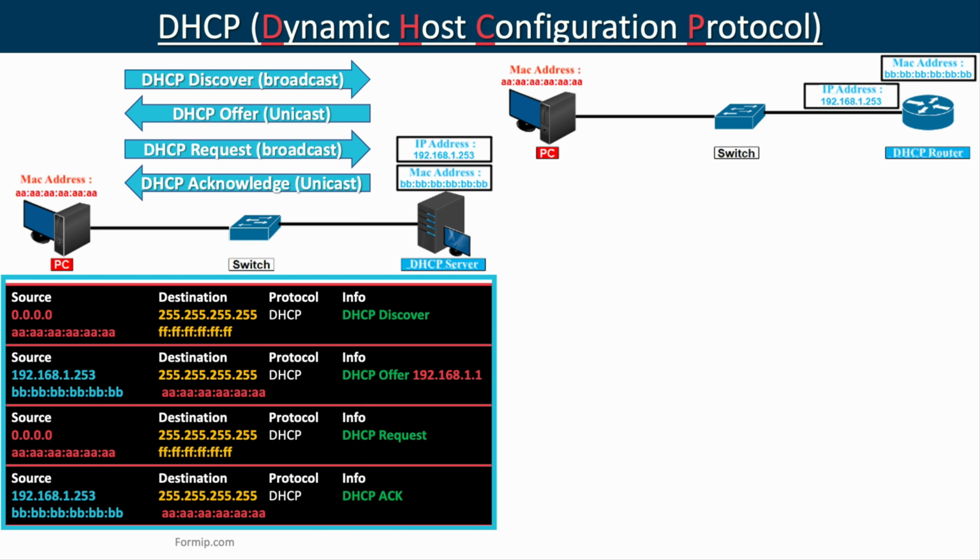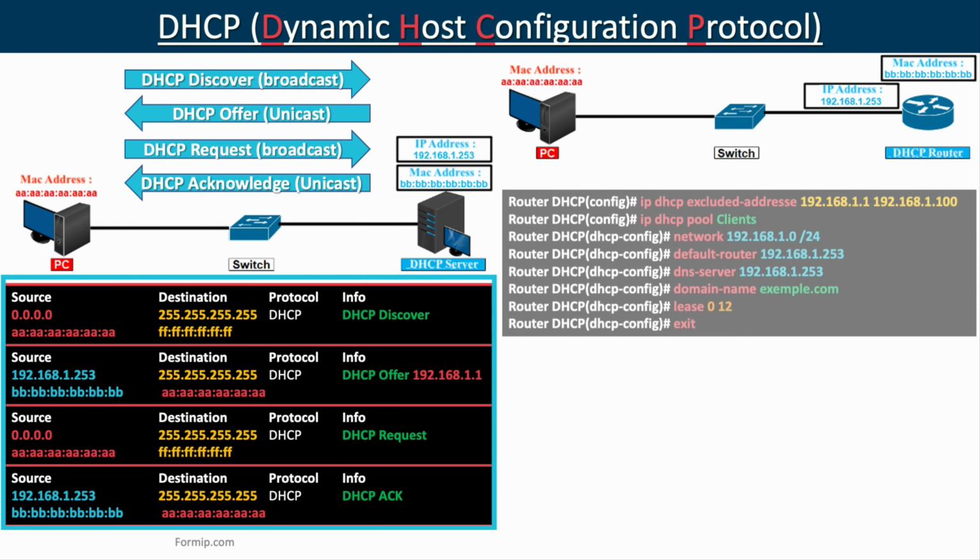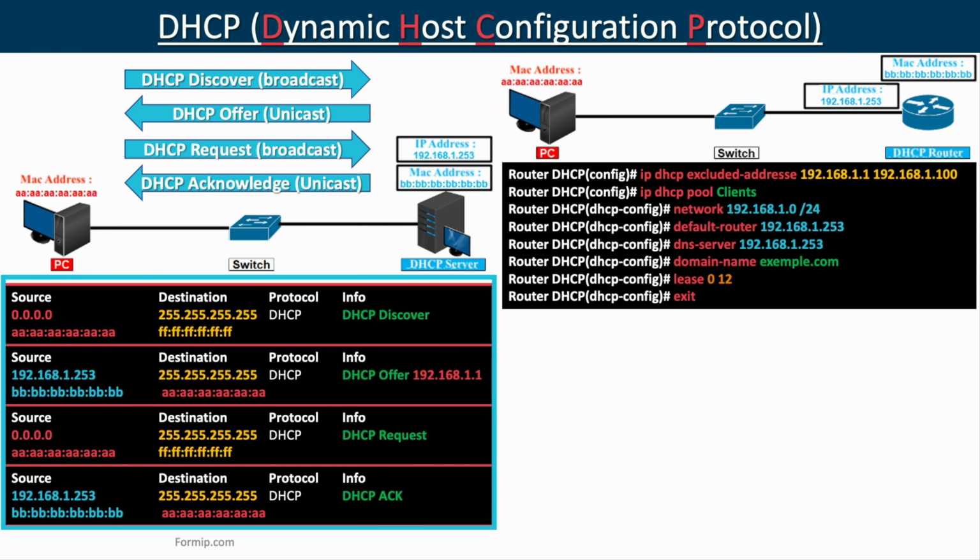The first command, in global configuration mode, allows you to specify an IP range that you want to exclude from DHCP. IP DHCP pool allows you to define the name of the DHCP pool while entering its configuration mode. We can see here that the prompt has become DHCP config.